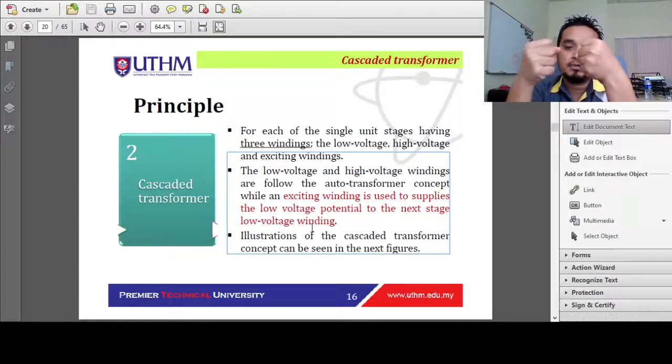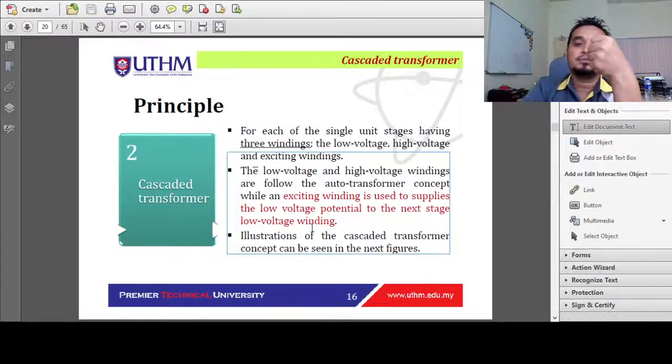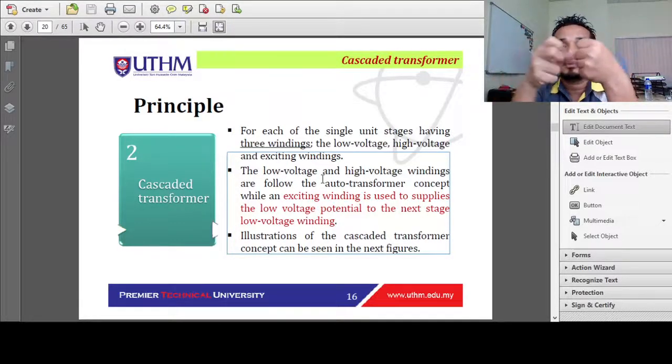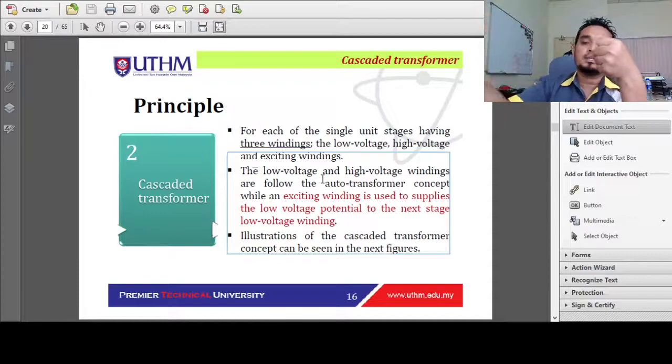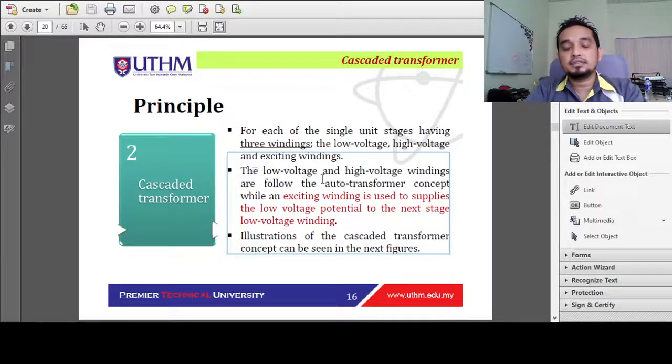The low and high voltage windings are simply connected to the other transformer using the auto transformer concept, but the supply from an excitation winding is required for each subsequent transformer. For example, if we have 5, we need 5 excitation windings.